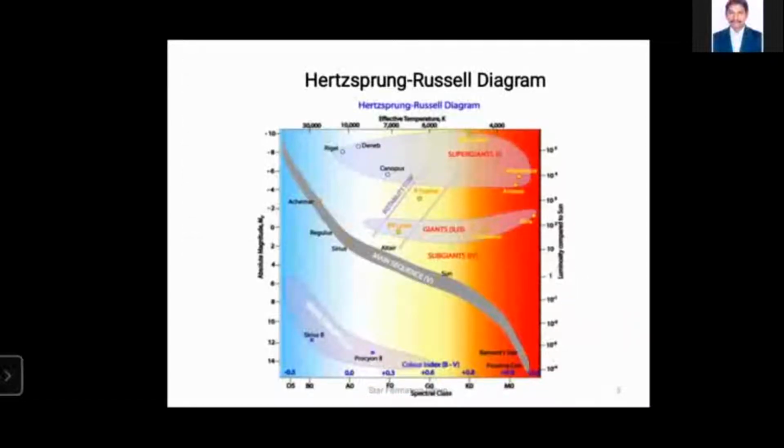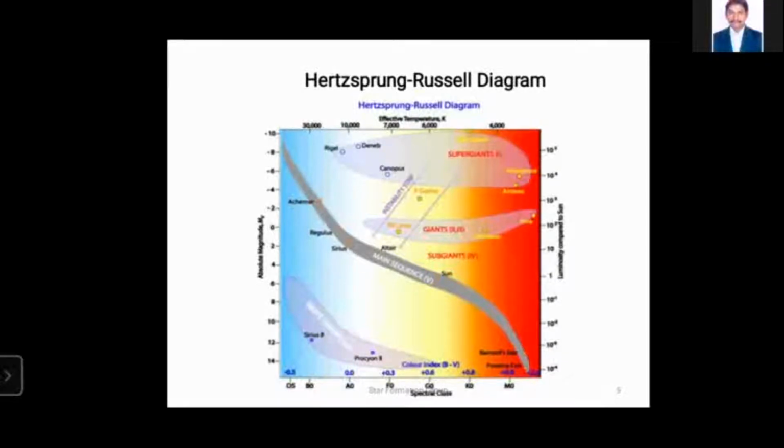Next is the Hertzsprung-Russell diagram. The HR diagram is the main tool in the study of stellar evolution. It plots the temperature of a star against its luminosity, or the color of stars against their absolute magnitude, and is also known as the color magnitude diagram.